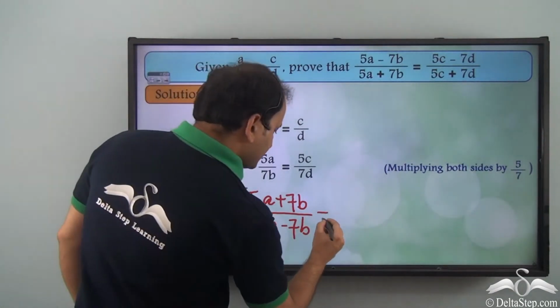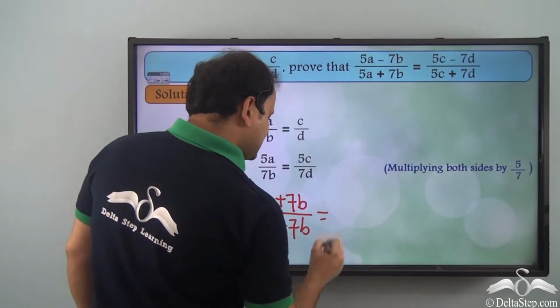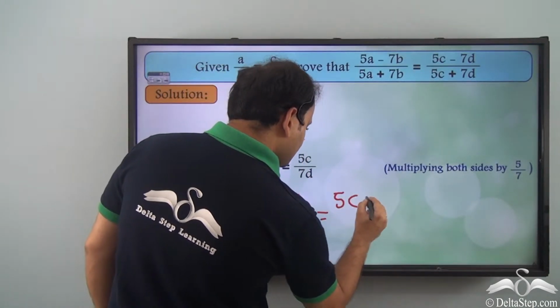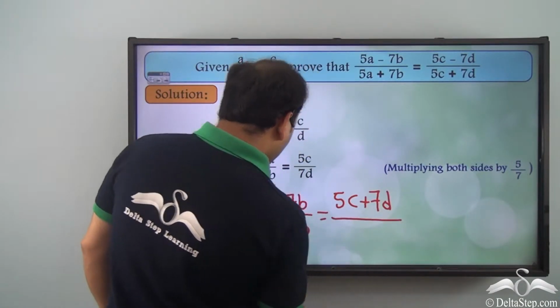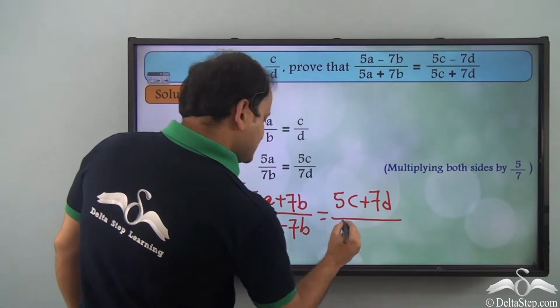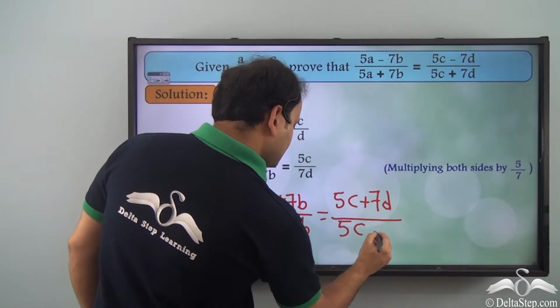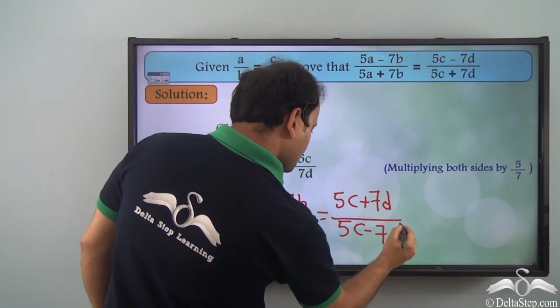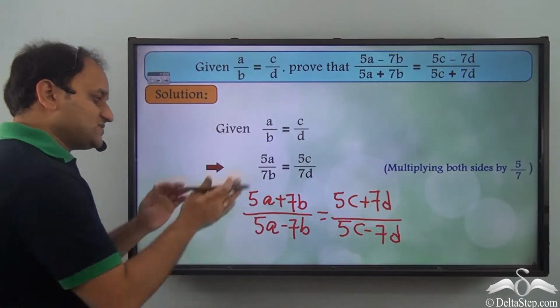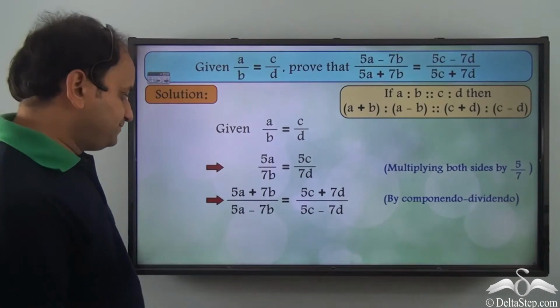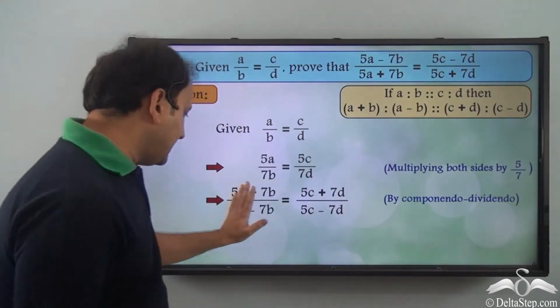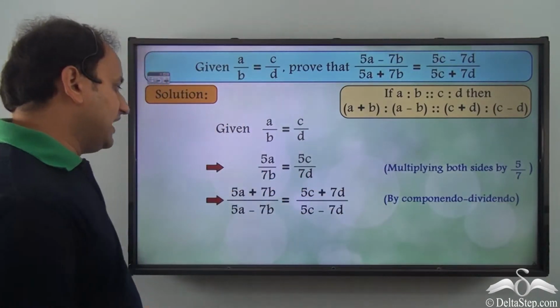This will be equal to 5c plus 7d by 5c minus 7d. This is what we will get if we apply componendo dividendo. So, we have applied it and this is the equation we get.